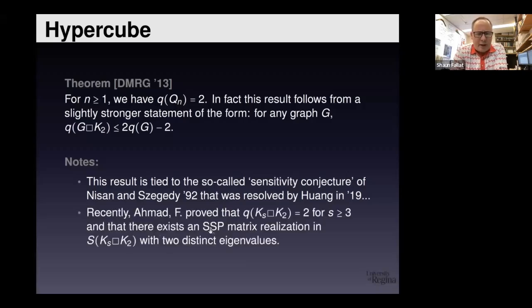I want to bring up a little remark: if you replace G by the complete graph, you get 2. Of course, that's boring because you already knew that. But what's interesting is there is a strong realization. This is called the strong spectral property, which I'm not going to define today. Once you have this concept of a strong realization with 2 distinct eigenvalues, then you can take any supergraph of it, and that has Q equal to 2.